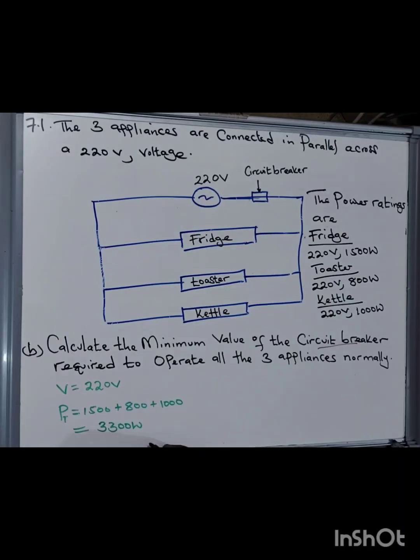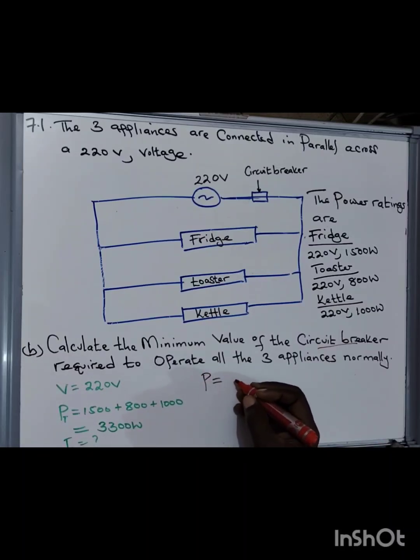So what is our unknown? It's the current. So from here, you come up with the formula which has these variables. And the formula is P is equal to IV.